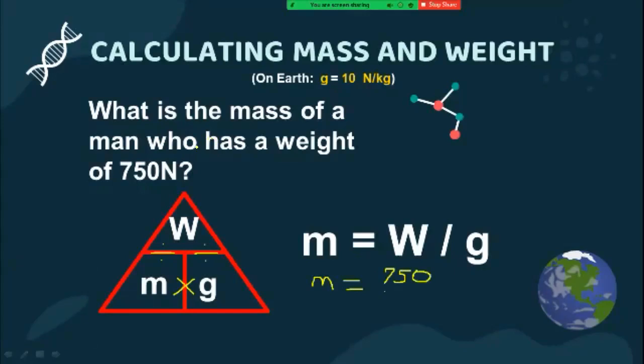So mass equals 750 divided by 10, which is the gravitational field strength. And that gives us 75 kg. So the mass of the man that weighs 750 Newton on Earth is 75 kilogram. That is simple, right?